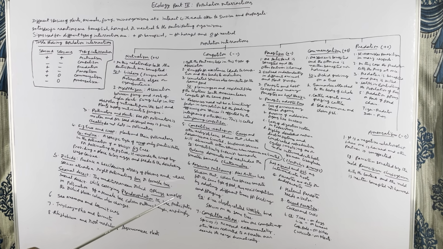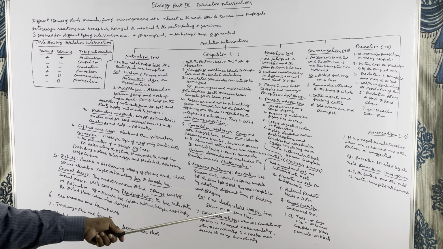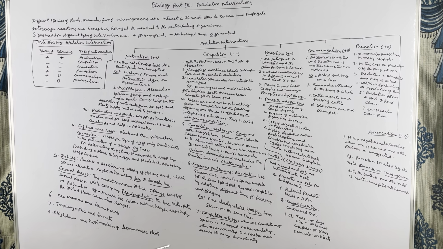He gave an example. There was a plant on which five warbler species were living. These warbler birds feed upon the same type of food.